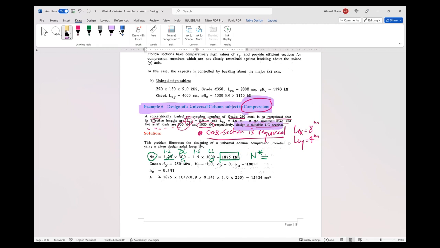It is given as 1875 kilonewton. So it is given the load. So what we will use: here we have F yield is 250, KF is 1, alpha B is 0, alpha N is 100.